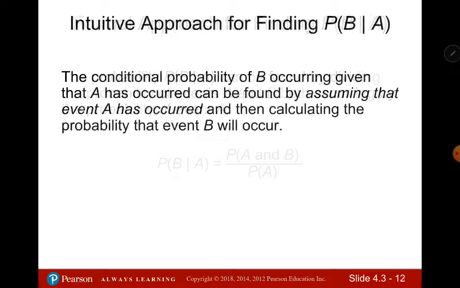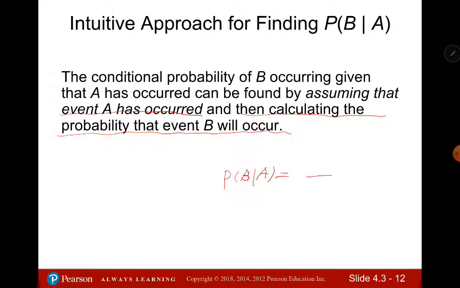You can treat the first one like this: the intuitive rule is the number of A and B divided by the number of event A. If you compare these two approaches, you will find that the intuitive rule is much easier to understand.